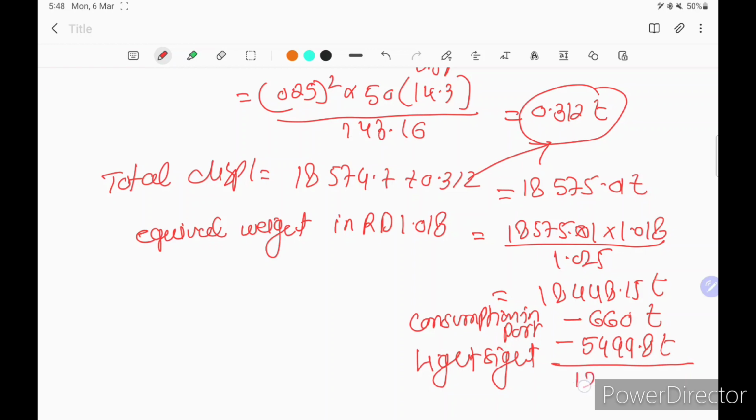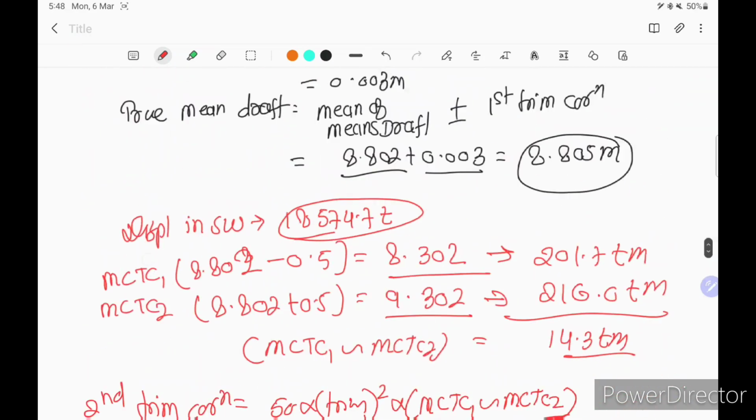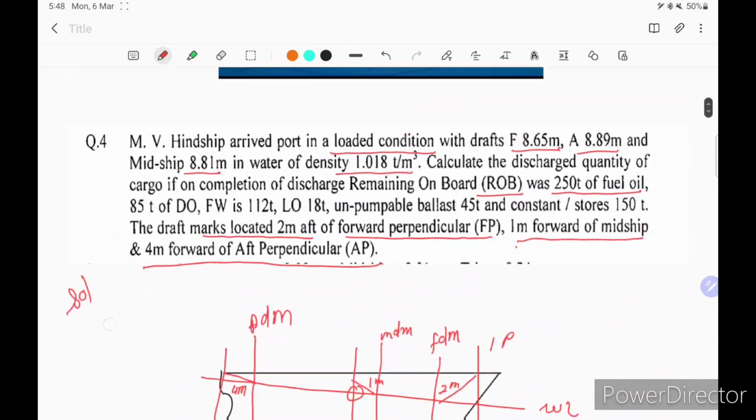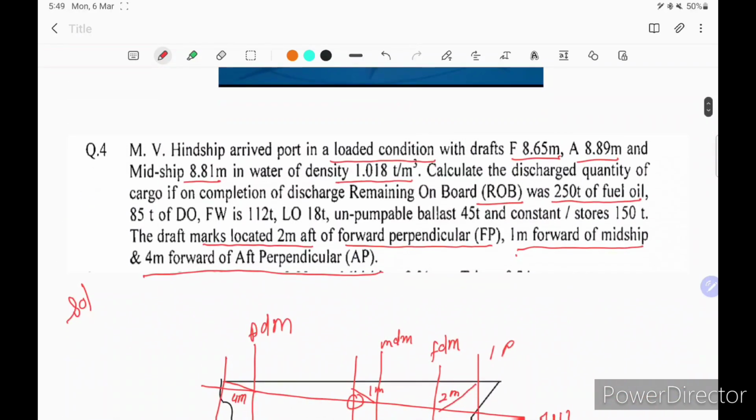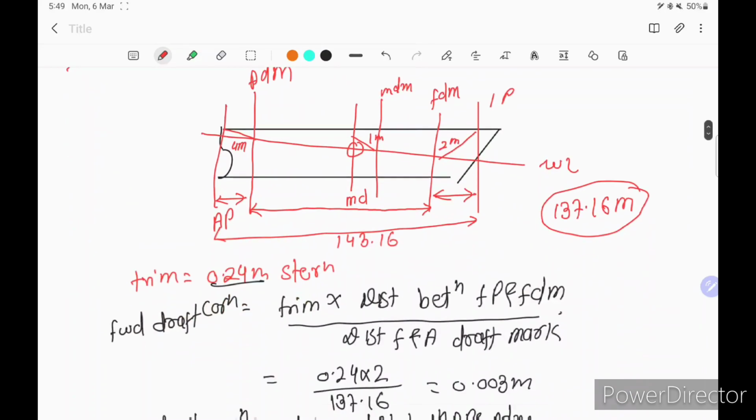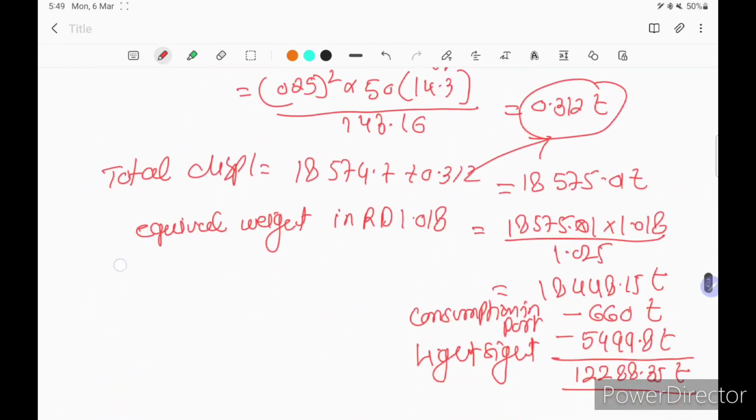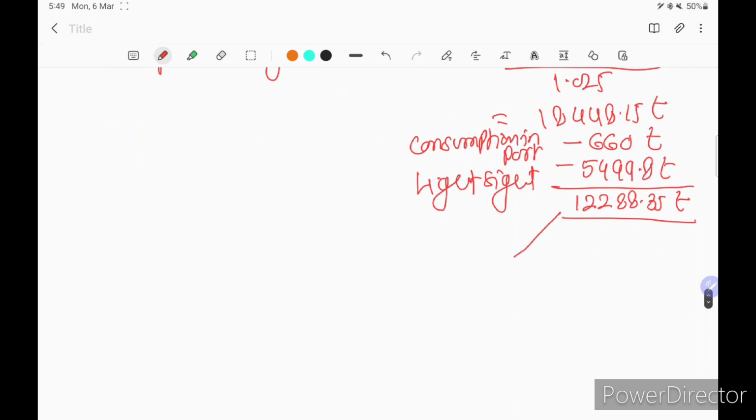Okay, so you will get 12288.35 tons. Calculate the discharge quantity of cargo. So this is your discharge quantity of cargo.